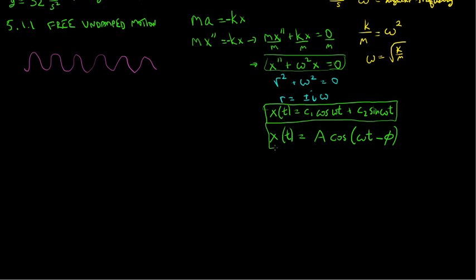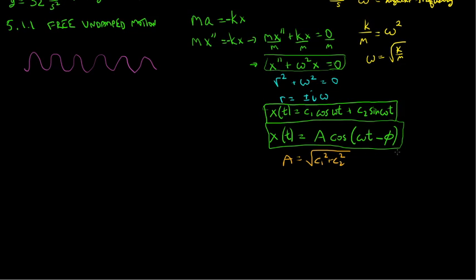And these are completely equivalent. It's just a different way to write it. You can go through the algebra here, and what you'll get is that A is related to C1 and C2. It's actually just the square root of C1 squared plus C2 squared.